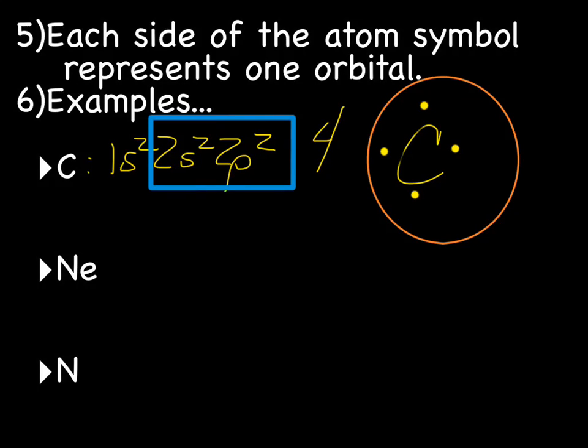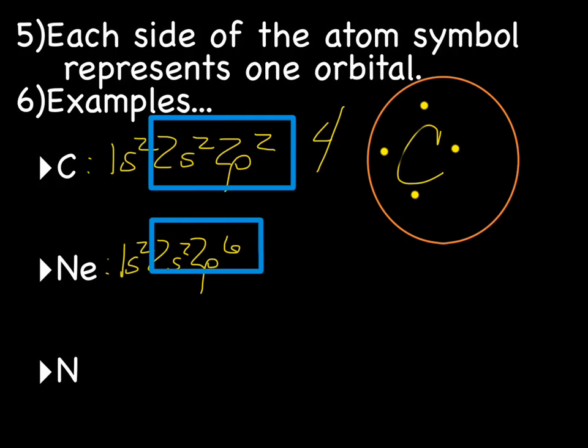All right, let's try neon. 1s2, 2s2, 2p6. And neon's valence electrons are 2s2 and 2p6. That is a total of 8 valence electrons. So neon has the maximum number of valence electrons.